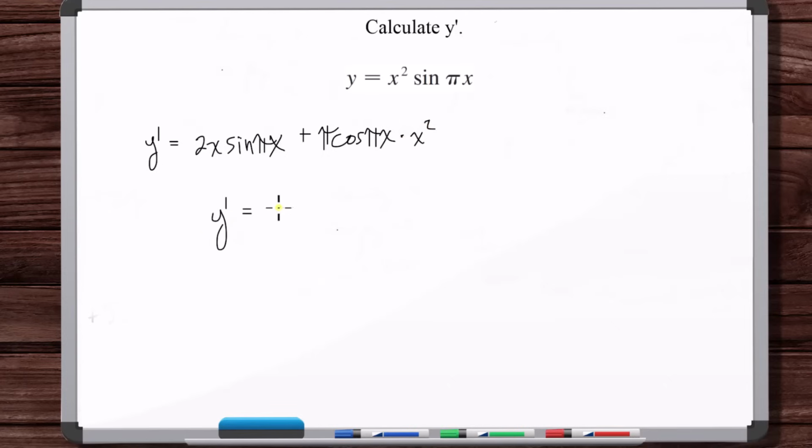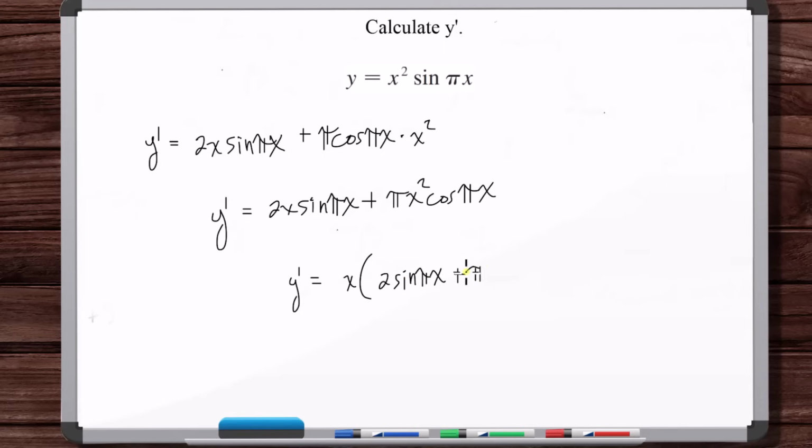So we've got, we can factor out an x. And that's the derivative.